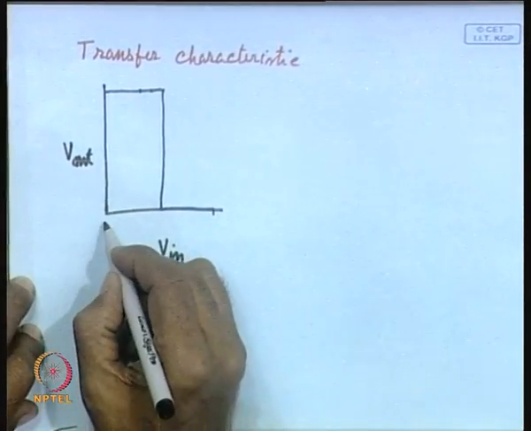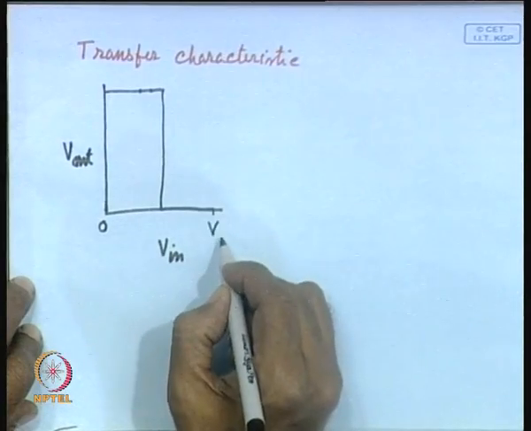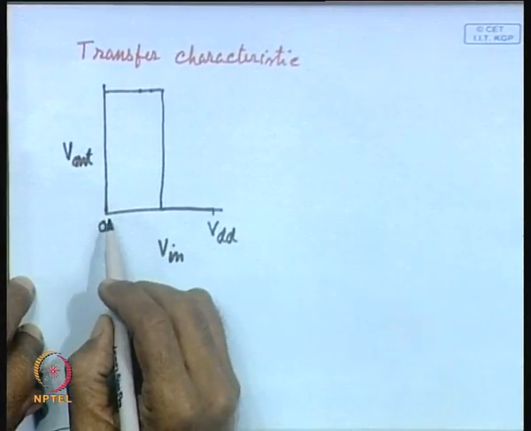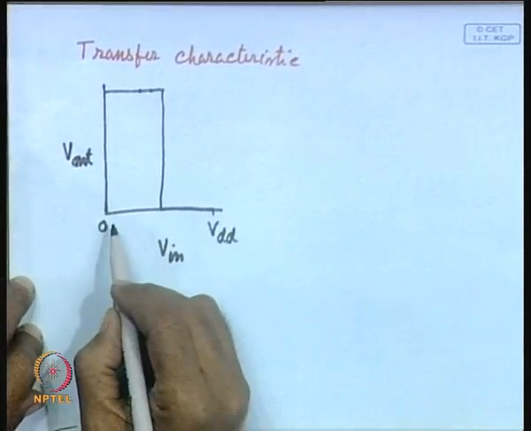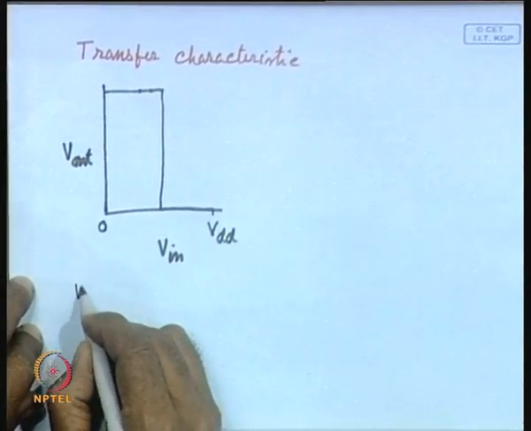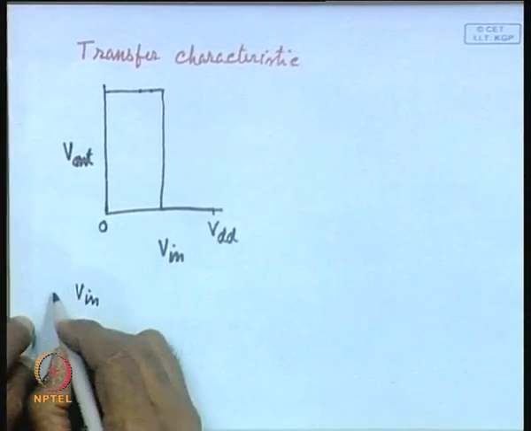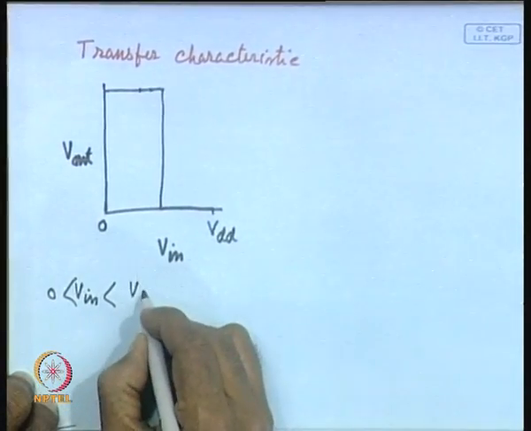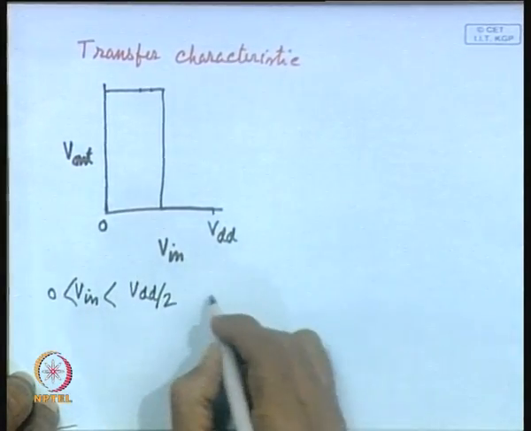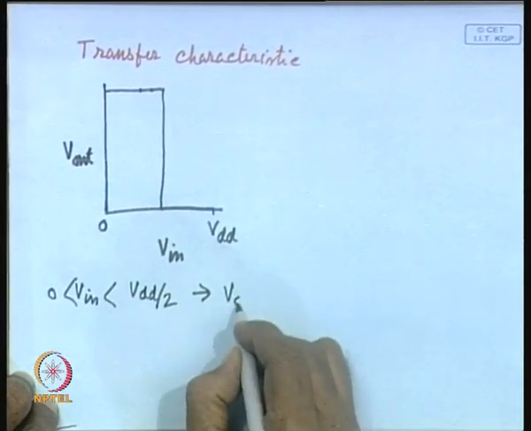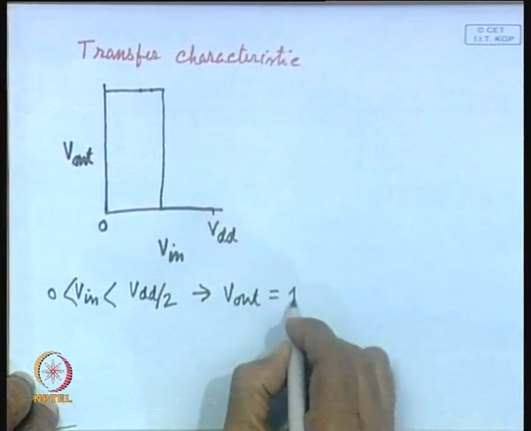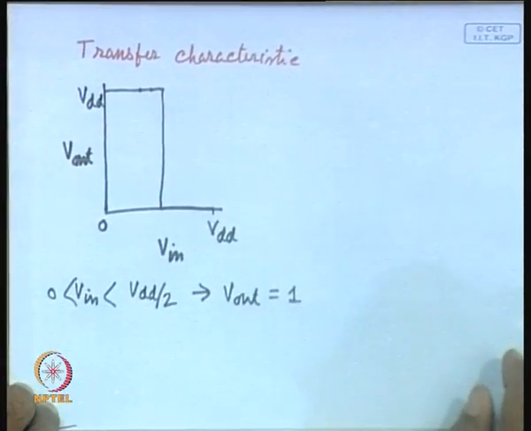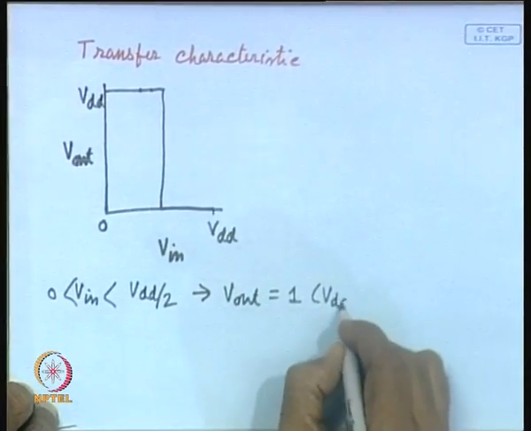As you change the input from 0 to VDD, output will switch from 1 to 0. That means, whenever V in is in the range of 0 to VDD by 2, V output is equal to 1. As you can see, V output is 1 or VDD, that is your VDD.